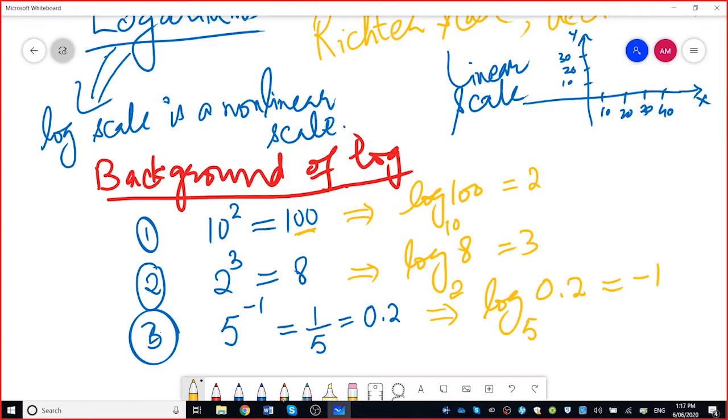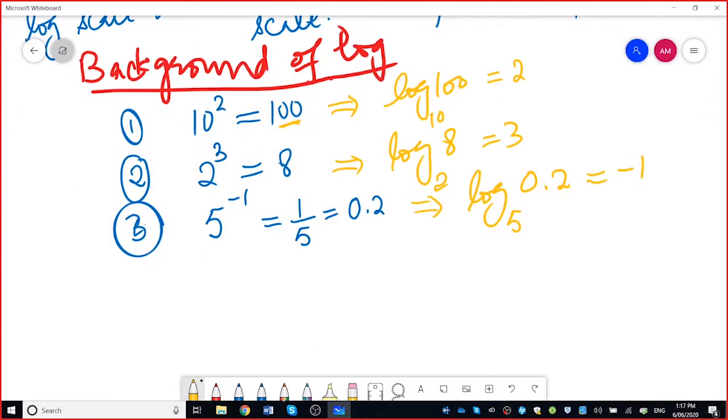These were just a few examples, and on the basis of them we will try to formulate a formula. So we generalize it, and you try to help me with this.